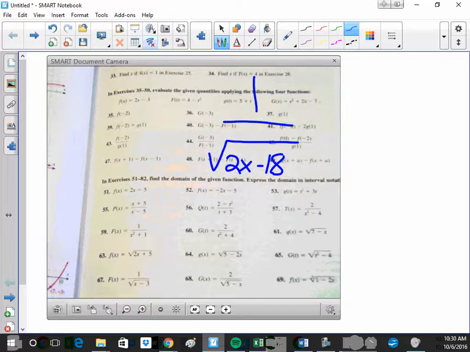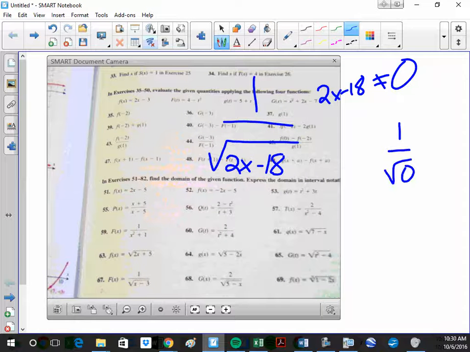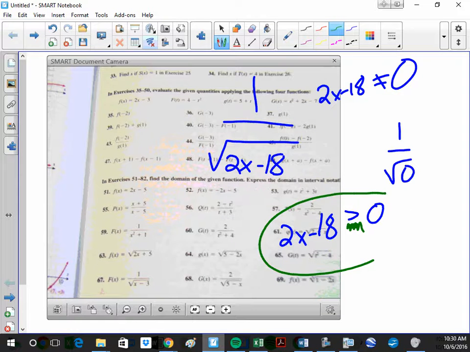So we know that 2x minus 18 is not allowed to be 0, because if it is, then I get 1 over the square root of 0, which is undefined. We also know that 2x minus 18 can't be negative, so it's got to be greater than or equal to 0. But it can't be equal to 0, so really, if I get rid of this, that equation will cover both the dividing by 0 rule and the non-negative rule.